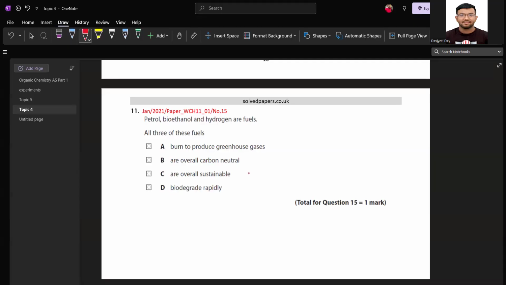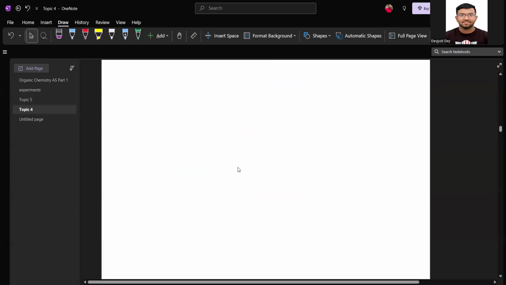No, they're not sustainable because at one point of time they might just go. Biodegrade rapidly? No, they're non-biodegradable, so obviously B, C, D are not correct. But yes, all of these burn to produce greenhouse gases. For example, when you burn hydrogen, bioethanol, or petrol, one way or another, carbon dioxide is released, which is a greenhouse gas. All right.